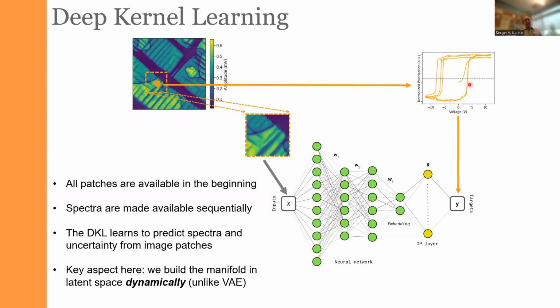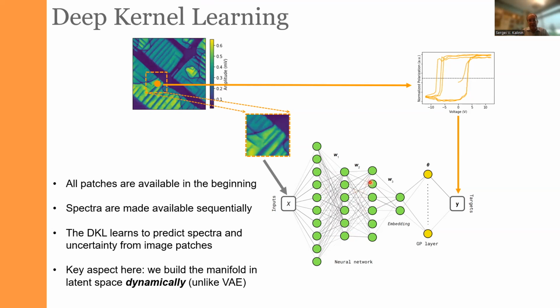So the discovery of the oracle, building the oracle that allows us to reconstruct the structure property relationship, is a very different problem than finding all microstructures that maximize the area under the hysteresis loop. However, practically both of these problems can be solved by the Bayesian optimization. One is the knowledge discovery problem, another is optimization problem. And the way to do that is through the deep kernel learning.